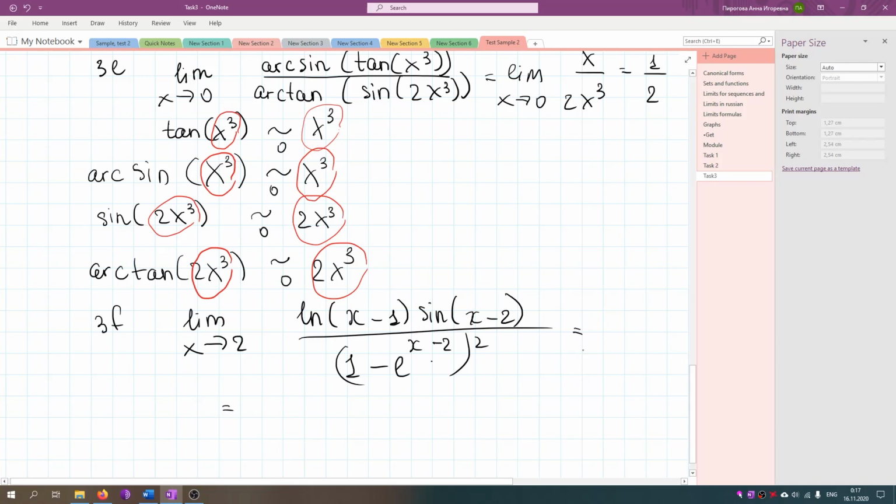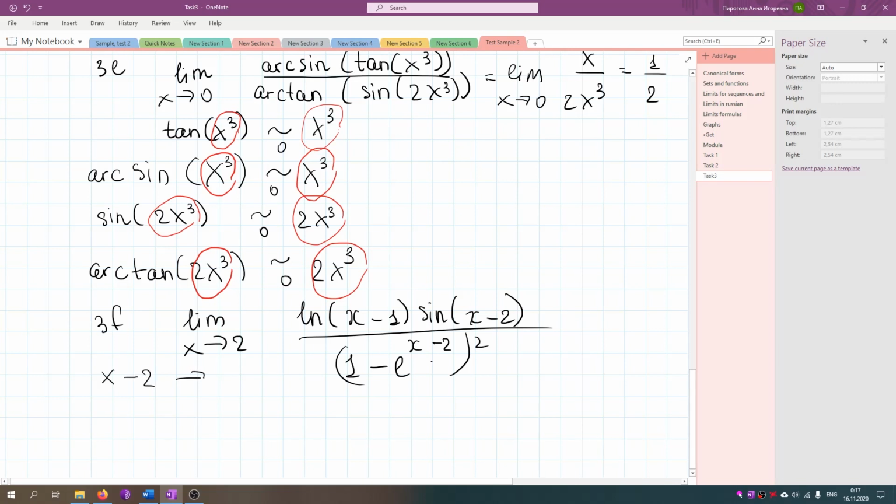And again, as we see, we have some functions like natural logarithm, exponent, sine, but we cannot use our equivalent functions now because x converges to 2. So we need to introduce a new variable.